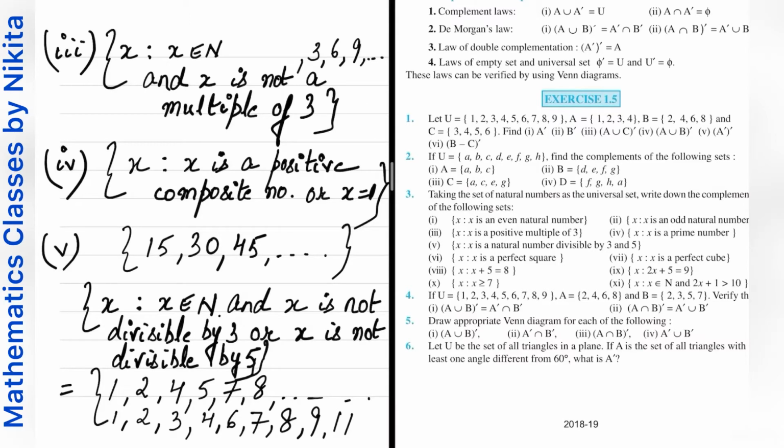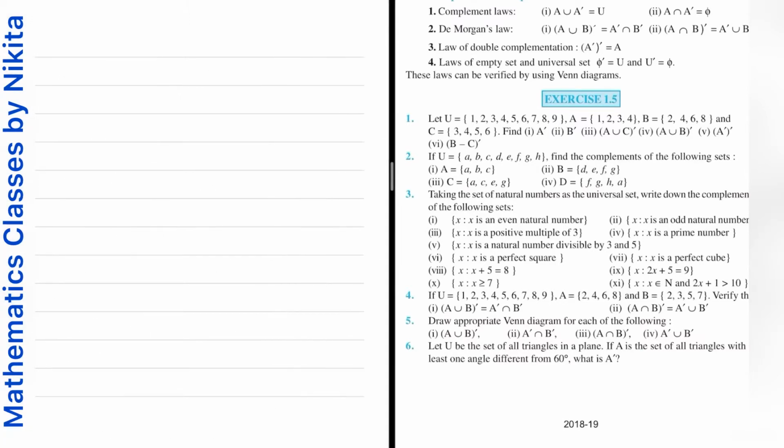So this is the set. Okay, so अगर मैं इसको थोड़ा सा और आपको लिख के बता दूँ, x is not divisible by 3 और x is not divisible by 5.